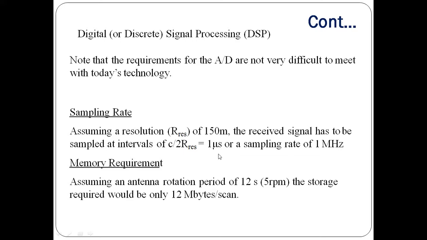This is the tau value. The sampling rate should be the inverse of this, 1 megahertz. Based upon the resolution, you can choose the sampling rate.